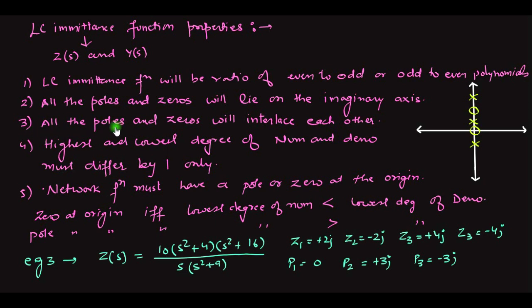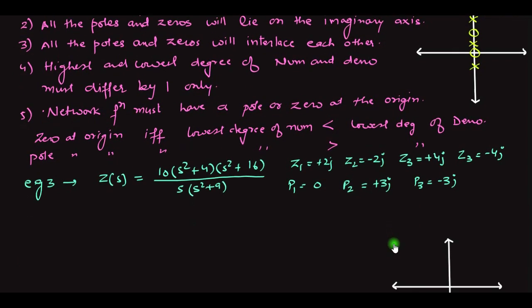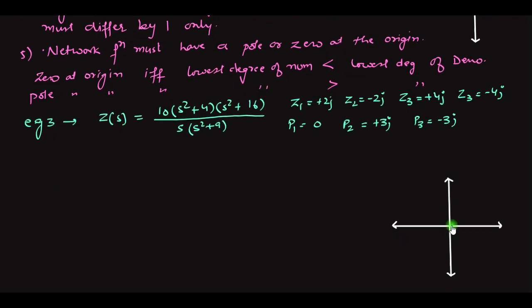Condition number 3 says all the poles and zeros will interlace each other. Let us plot them on the j omega axis. Say we have plus 1j here, plus 2j here, plus 3j here, and plus 4j here.